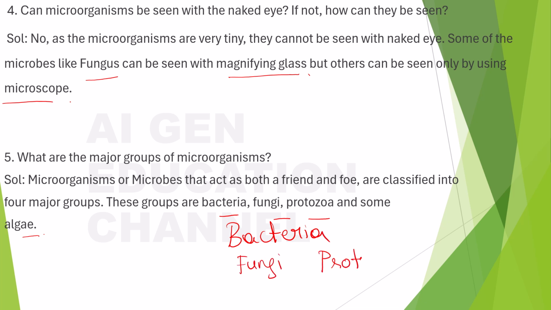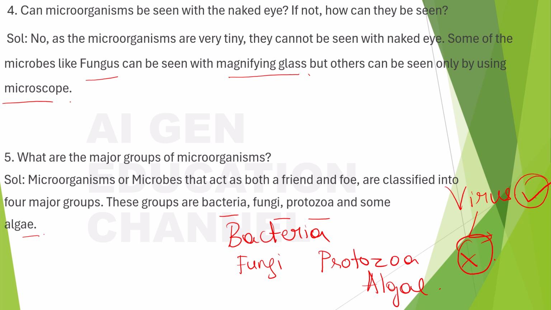So do you think virus comes under the microorganisms? No, virus won't come under the microorganisms, right? Even though it is micro, virus doesn't come under the category of microorganisms. Don't forget about it, okay?